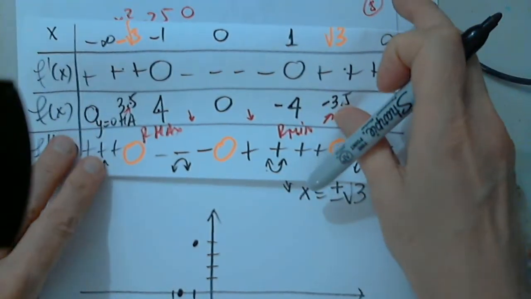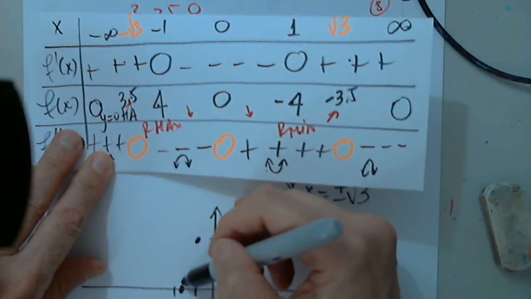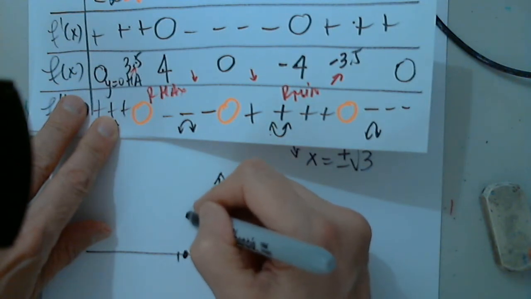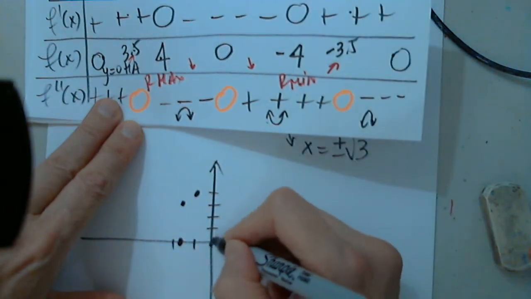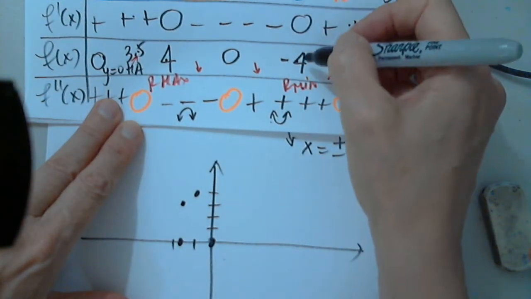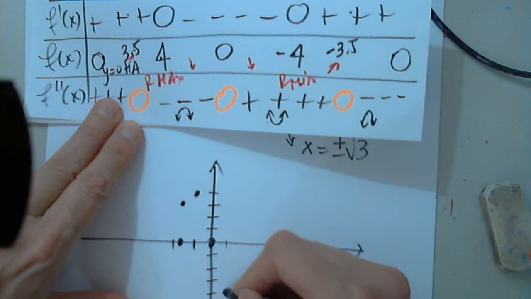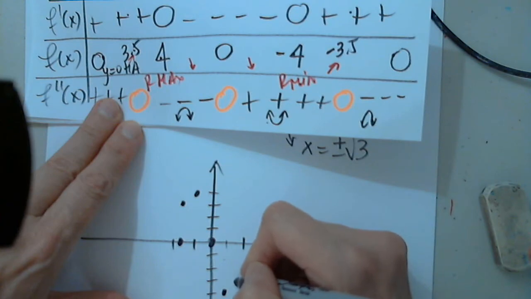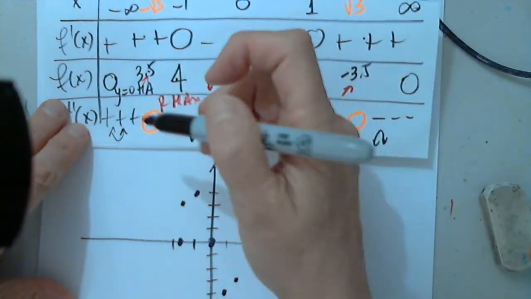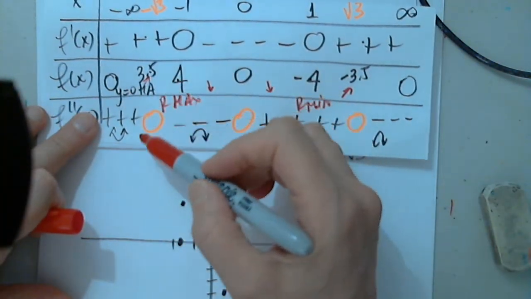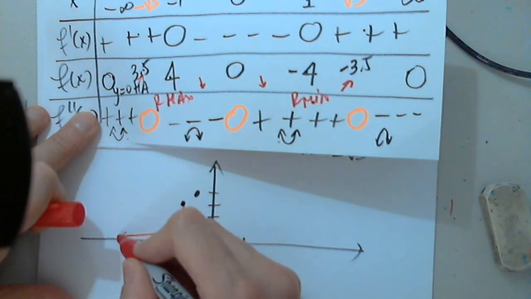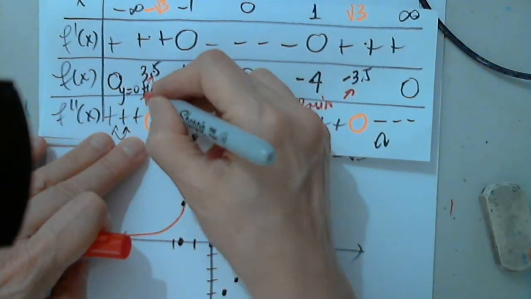So here, positive 3.5, 3.5 here, and this is 0, 0, 0, 0, 1, -4, and the square root of 3, -3.5. So the function approaches the horizontal asymptote, opening up and increasing to 3.5. So this is an inflection point.